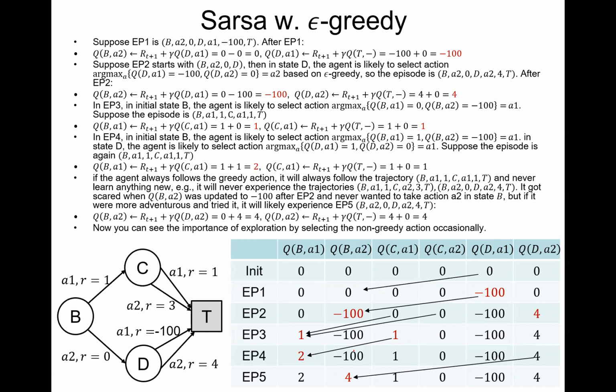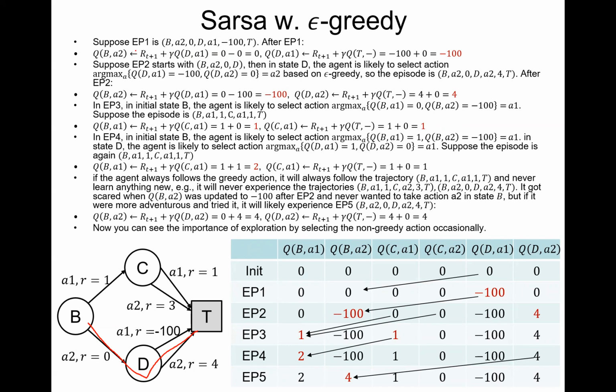So let's see how Sarsa works with epsilon greedy. Suppose the episode is B, D, A1 to Chi. So D has experienced a -100 reward in the first step.